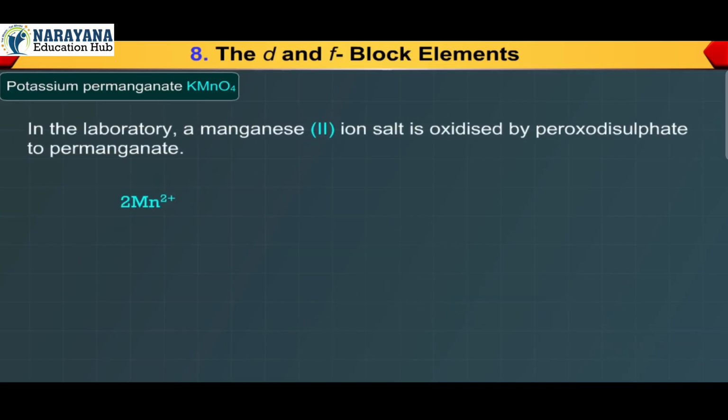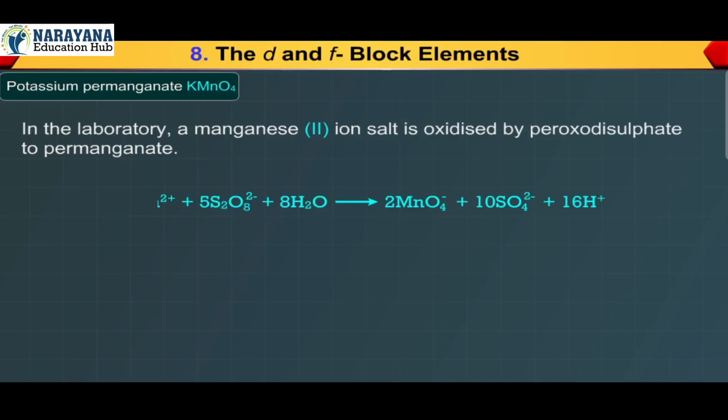In the laboratory, a manganese(II) ion salt is oxidized by peroxodisulfate to permanganate. 2Mn2+ + 5S2O8^2- + 8H2O gives 2MnO4- + 10SO4^2- + 16H+.